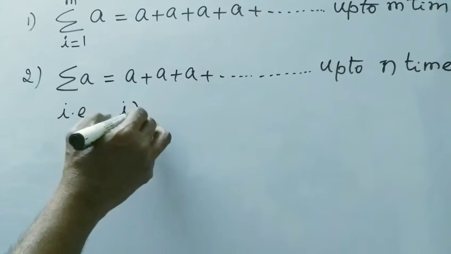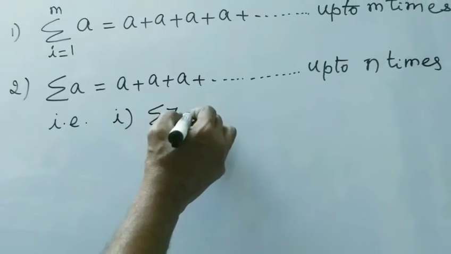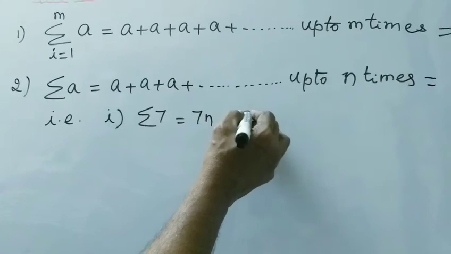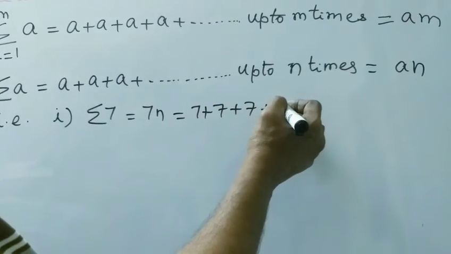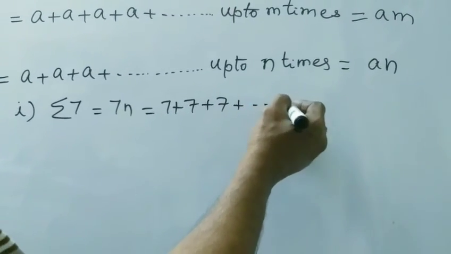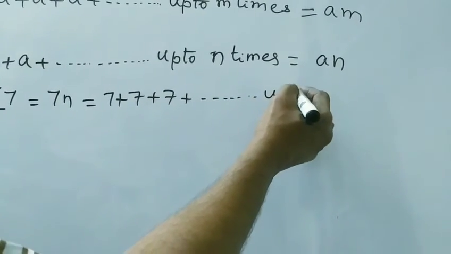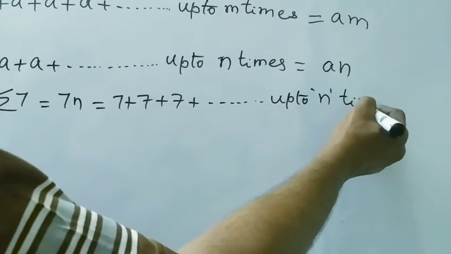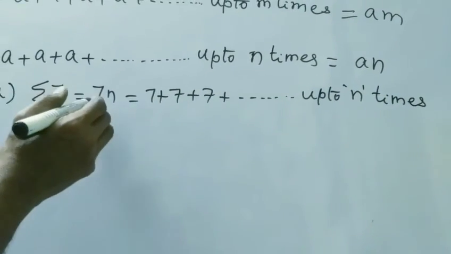The first one: summation of 7 is equal to 7n, that is 7 plus 7 plus 7 plus 7, and so on up to n times. Summation of 7 is equal to 7n.